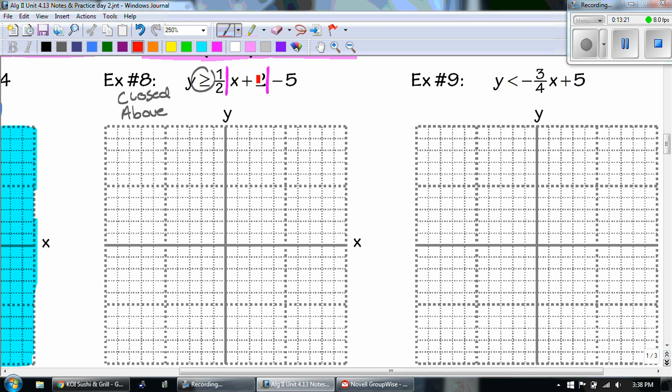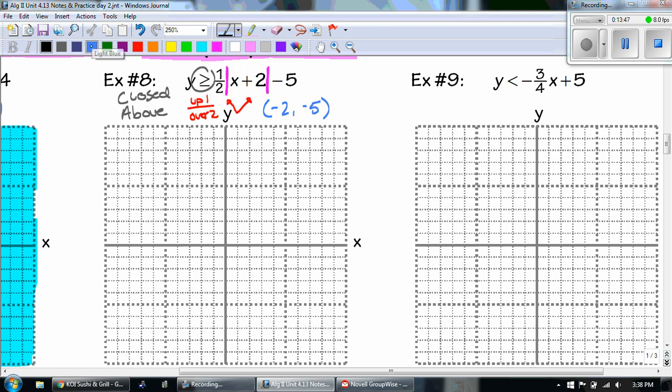Now, that 1 over 2 is telling me to go up 1 over 2. We kind of referred to that as our slope. And since we're going up, it's going to make a V going up. And then my vertex, the initial point where we're starting, is -2, -5.